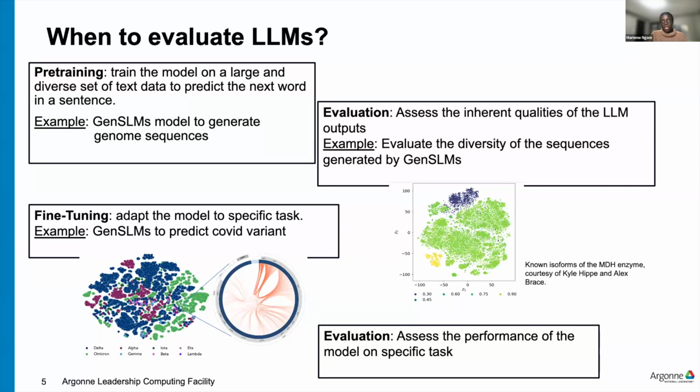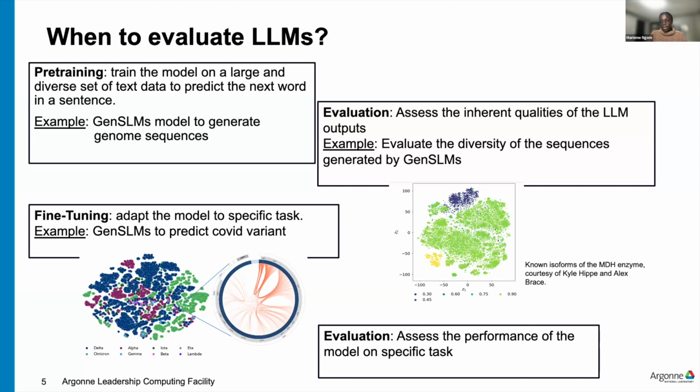You want to make sure that you are outputting the different protein sequences, the different protein families in your real data set, and within each family, you have to make sure that you are reproducing the different isoforms or folds.